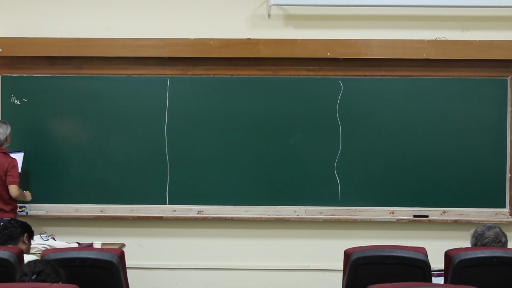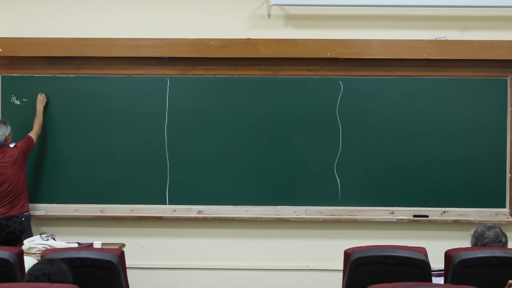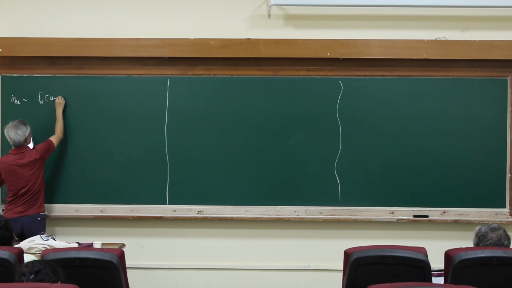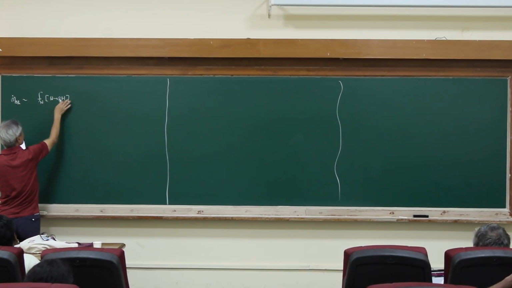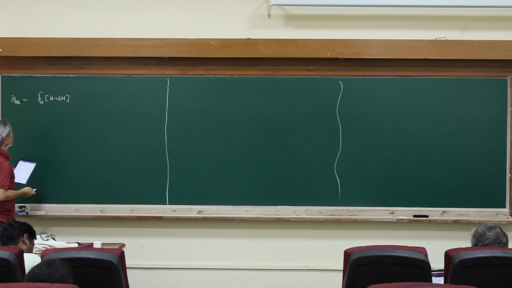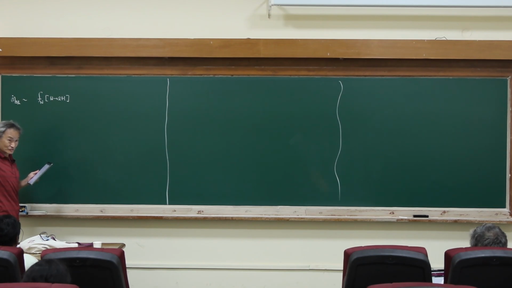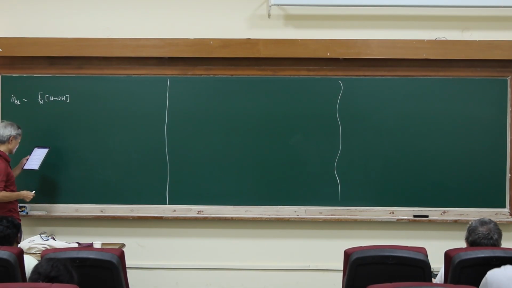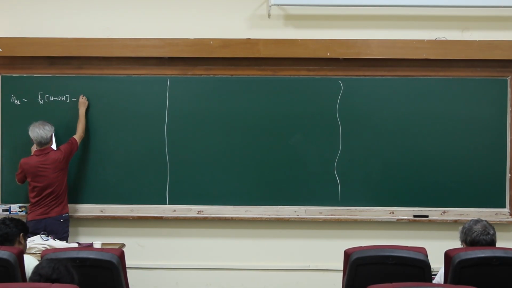Last time we calculated this, and schematically what we did is, this is the decay rate, and then we calculated this decay amplitude squared, then took the sum and average, phase space integration, and so forth.